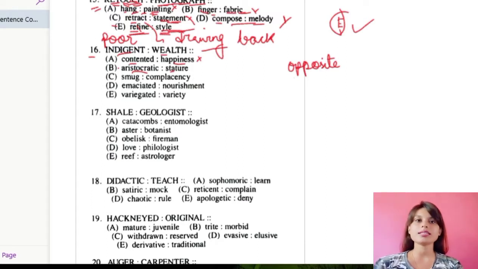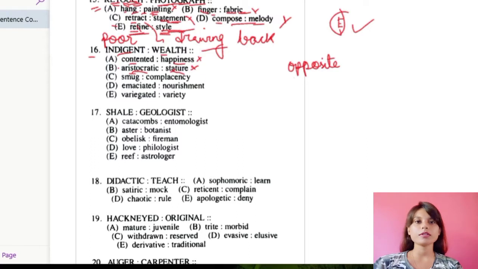So we cannot consider these two because these two are not even coming to antonyms, or not even forming any kind of synonyms. Basically we need to find opposites, so we do not have to consider this option because they are not talking about opposites. One is talking about height, that is stature, and aristocratic is talking about high standard of living.